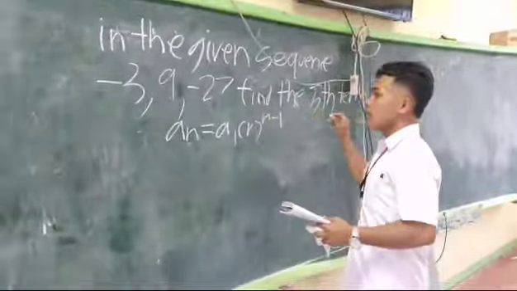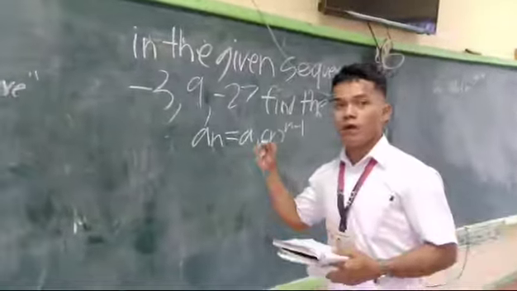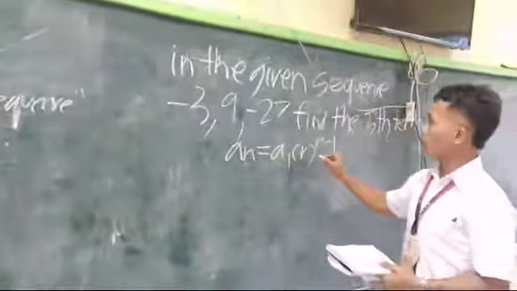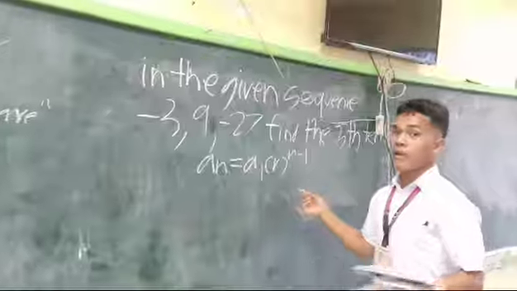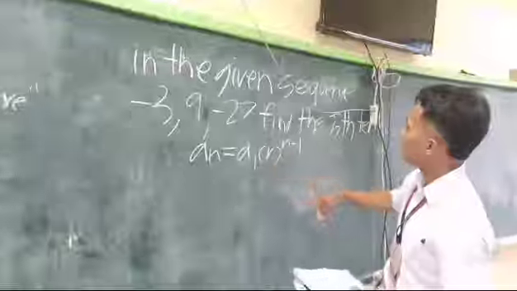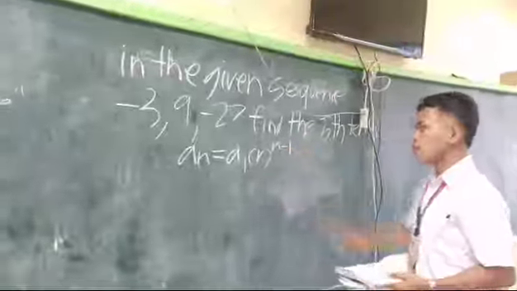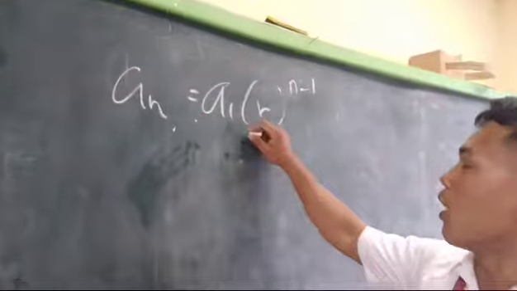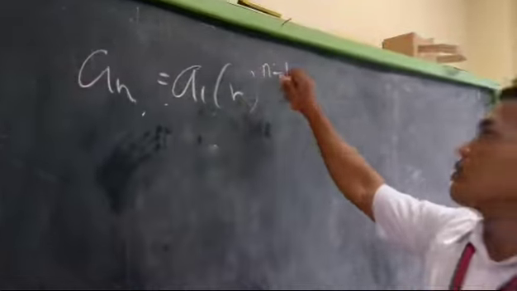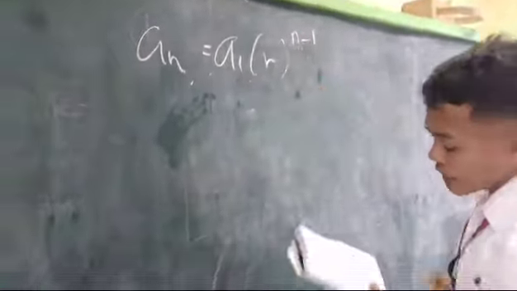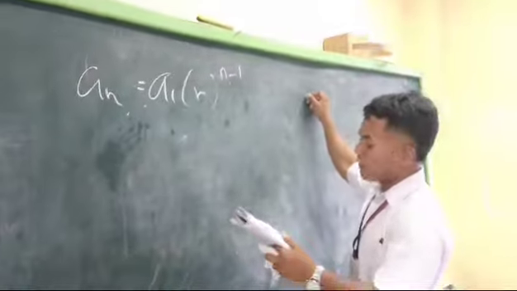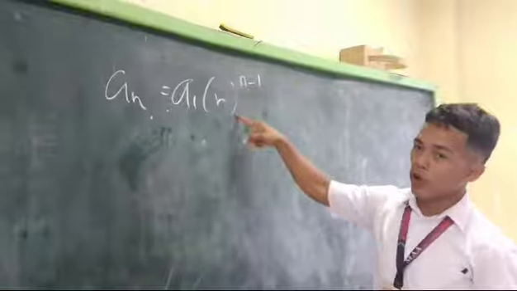Find the fifth term. The formula that we need to use is a sub n equals a sub 1 times the common ratio to the n minus 1. So now, come with me and solve this on another board. Our first thing to do is to find the common ratio first.